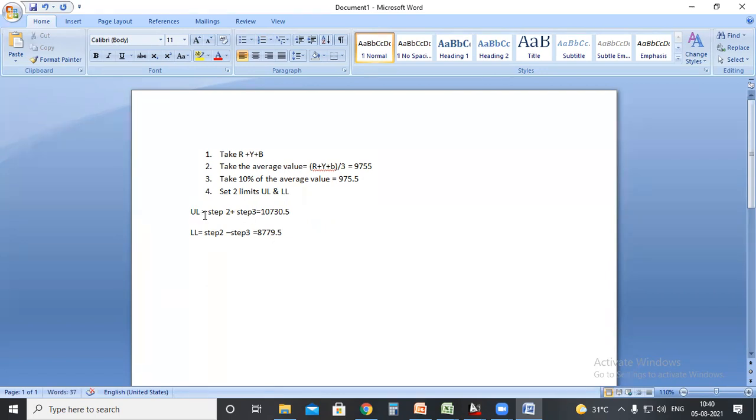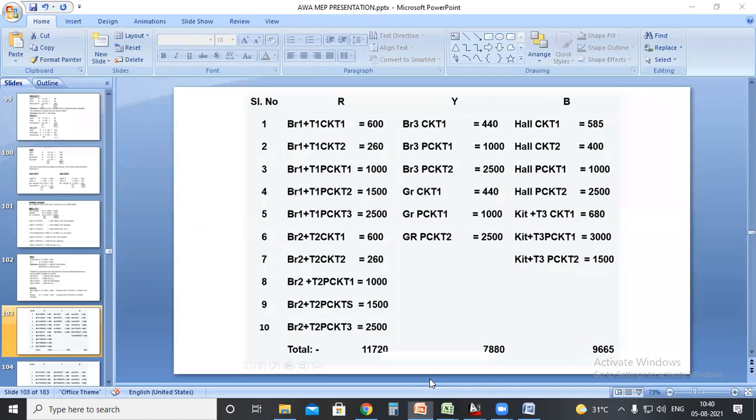Now we need to check whether each phase load is coming in between these particular limits. The R phase value, Y phase value, B phase value shall come between the 8,779 and 10,730 value. So coming back to the balanced condition, you can see R phase is having 11,720 and Y phase is having 7,880.